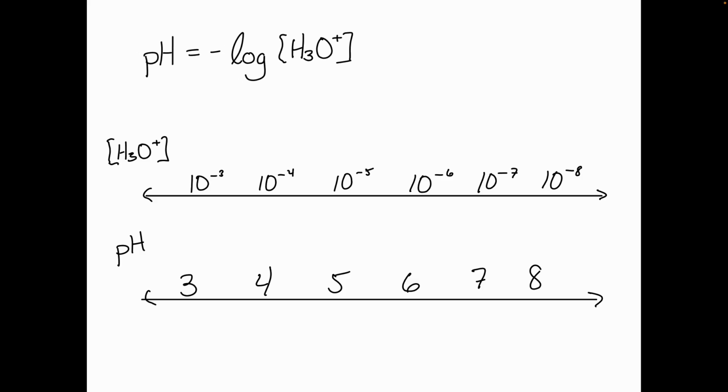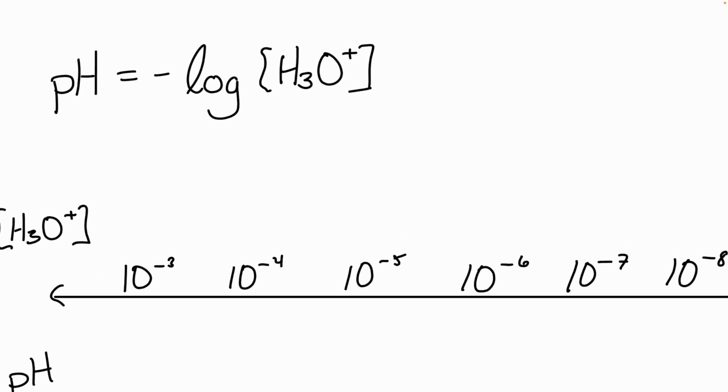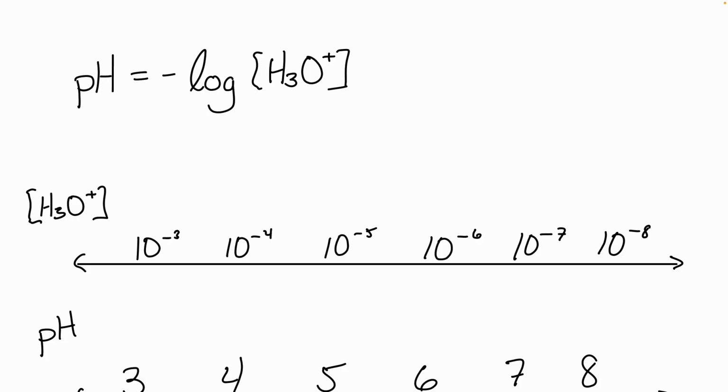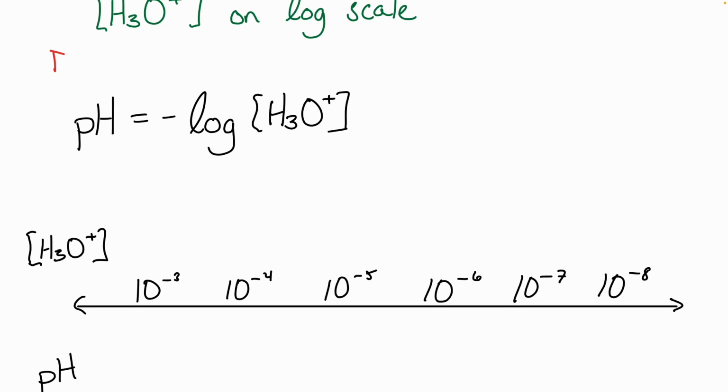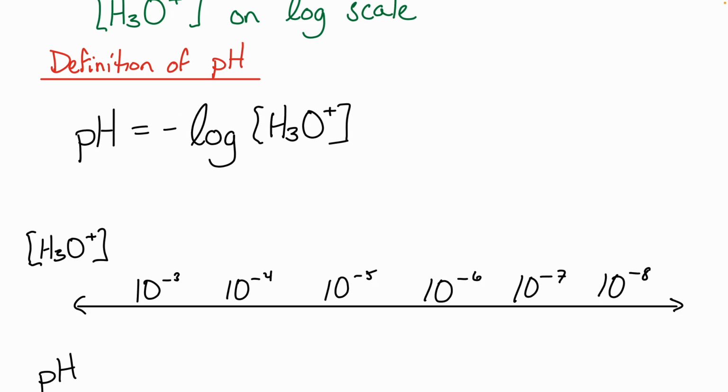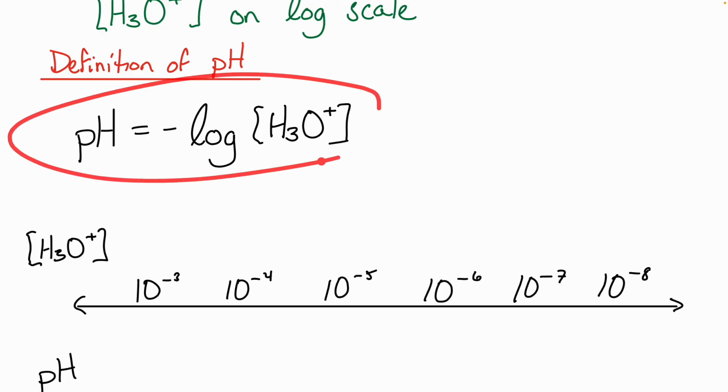Now, importantly, we're going to do the reverse here. This is our definition of pH, which allows me to calculate pH given my hydronium ion concentration. If I was instead given a pH and wanted to work backwards to find hydronium, I would have to do the inverse of this equation.